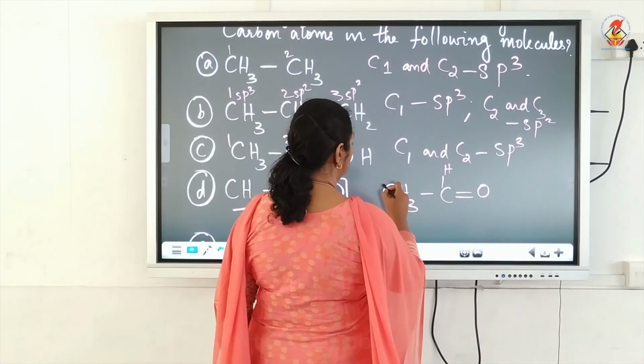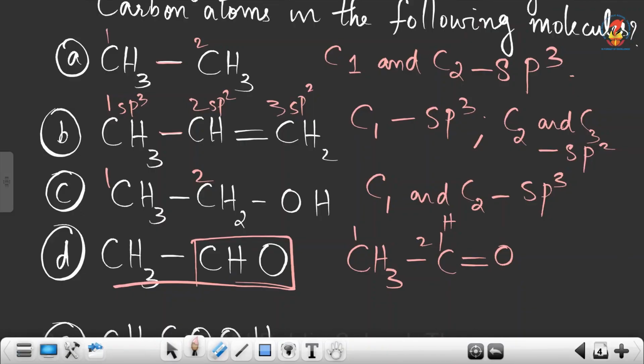Suppose you number this as 1 and this as 2, then there is a single bond between 1 and 2, which means the first carbon will undergo sp3 hybridization. But you see, between carbon 2 and O there is a double bond, which shows that this carbon will undergo sp2 hybridization.